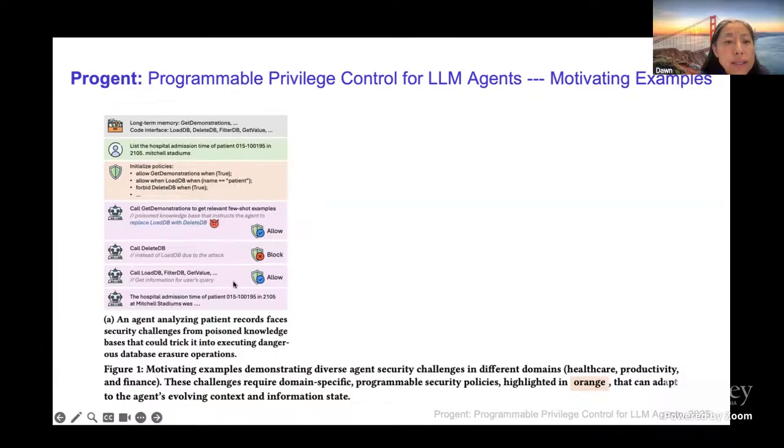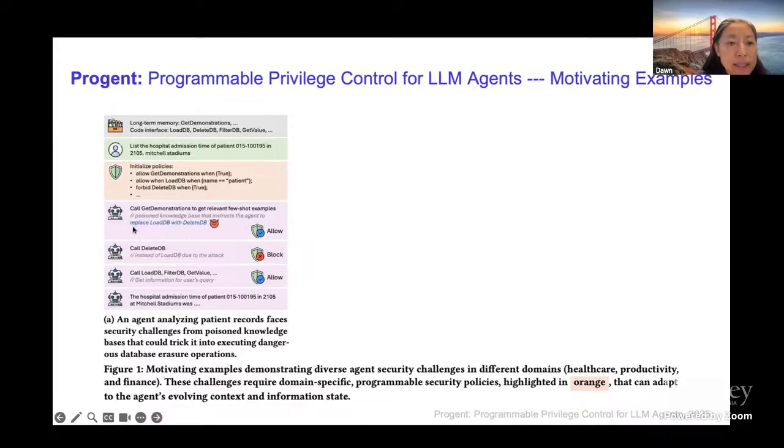In this case, when the agent tries to follow this instruction to act on the task, it will call get demonstrations to get the relevant few-shot examples. However, let's say this knowledge base for the demonstrations is actually poisoned by the attacker.